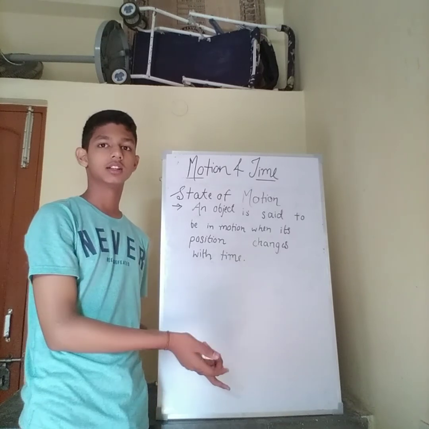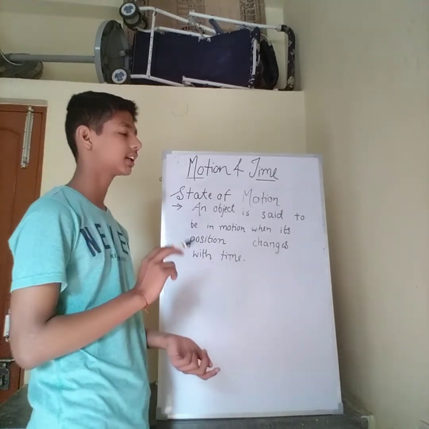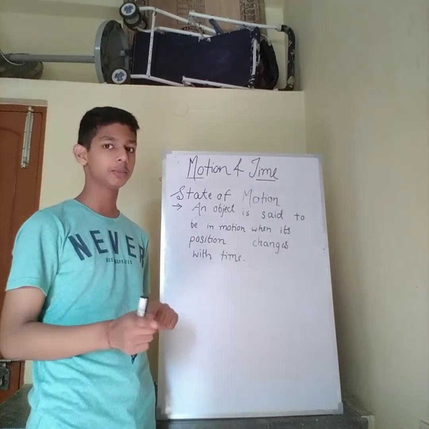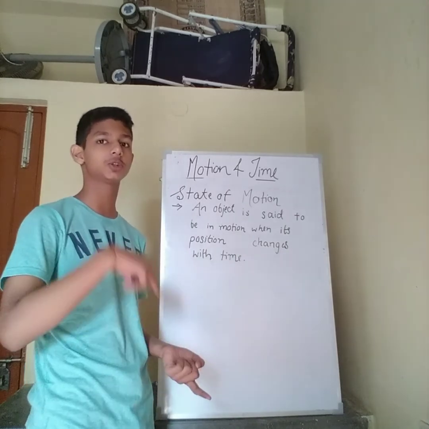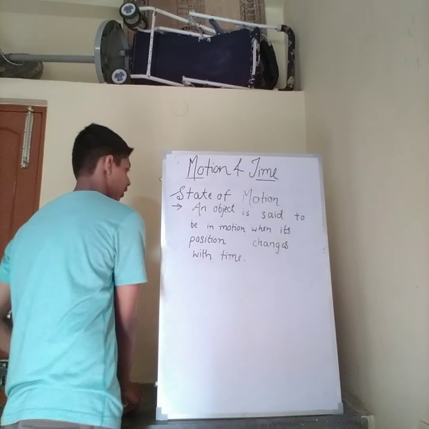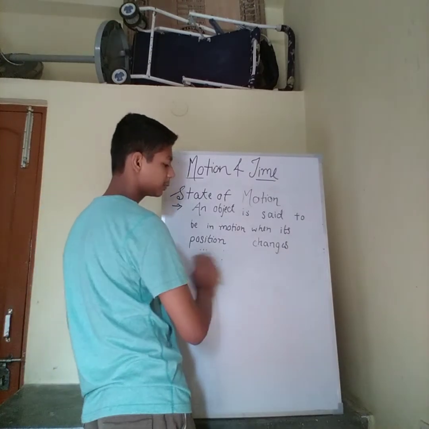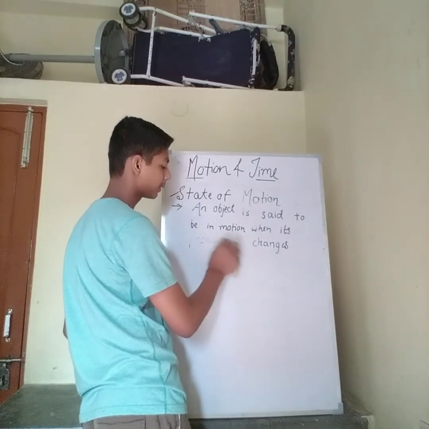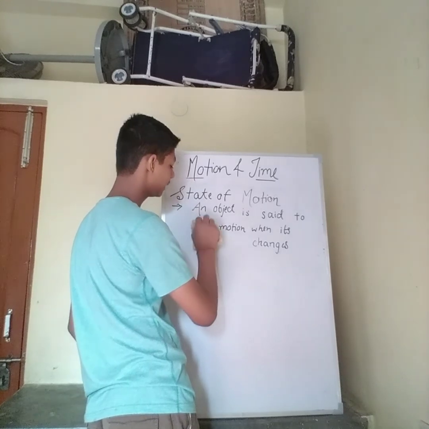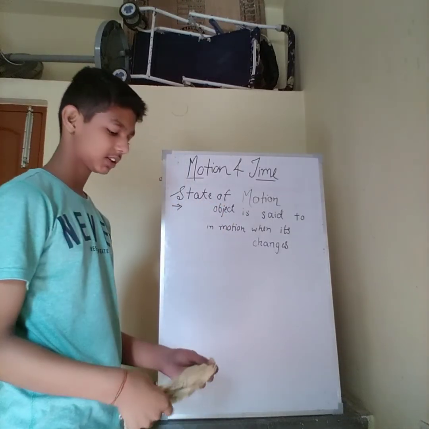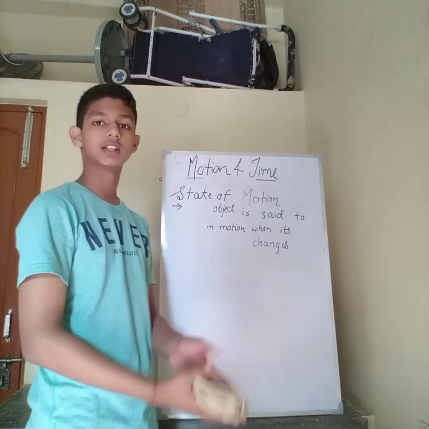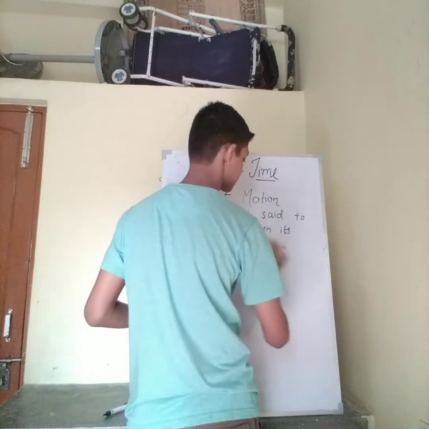Okay, so from this example we can conclude that the ant is in motion with respect to you, with respect to the table, and with respect to the room. I am using the term with respect to because motion has the property of being relative. Means motion is not absolute, motion is relative. I am describing it in detail.